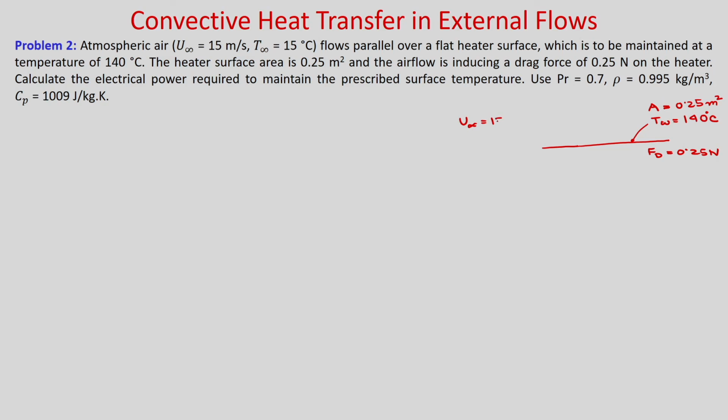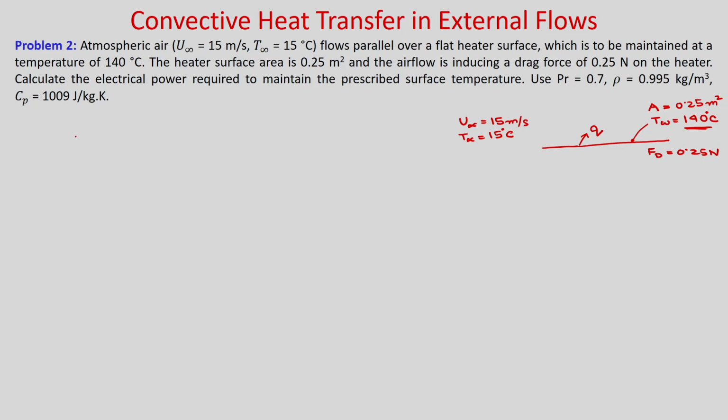U infinity is 15 meter per second, which is your free stream velocity, and free stream temperature T infinity is 15 degree centigrade. You need to find what is the electrical power required, Q, to maintain the surface temperature as 140 degree centigrade.